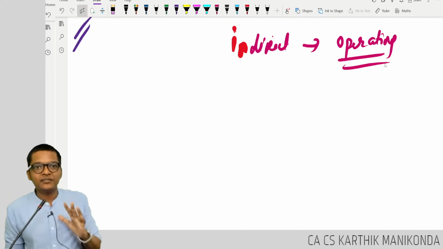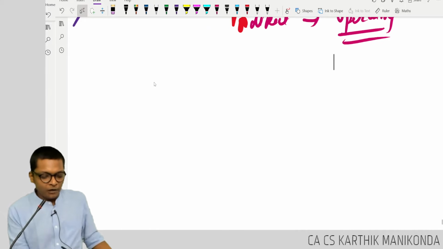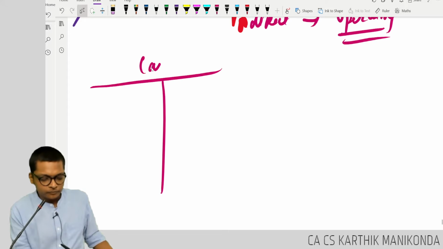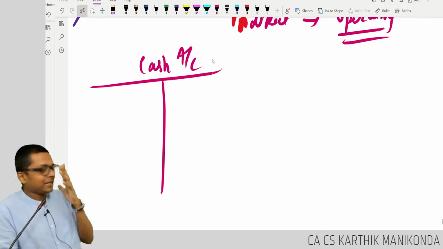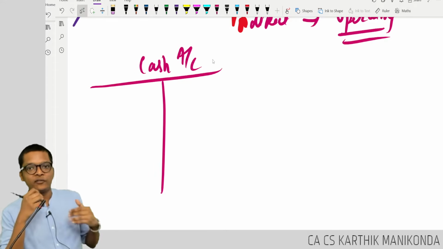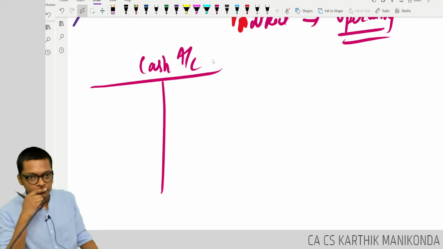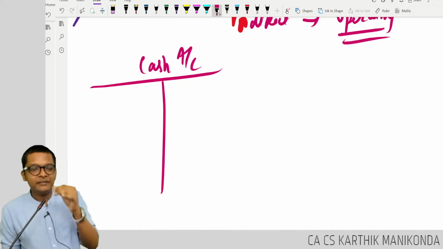That part also has little changes, but it's a little easier. So why do we have this indirect method, sir? Let's understand what we did in the direct method. We had a cash account, and this cash account we tried to break down and found out what was what, correct? But in financial statements, will the cash account be displayed?